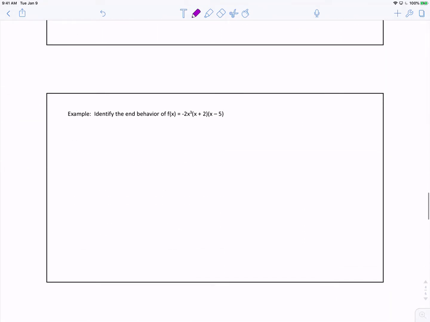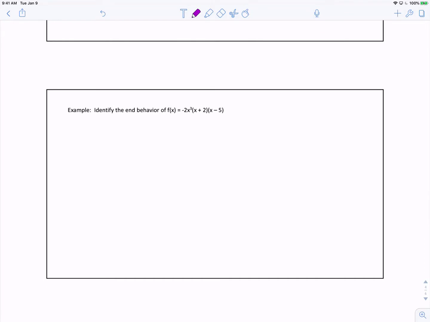Now, when you want to talk about the end behavior of a polynomial, you have to have it in standard form. In this next example, the polynomial comes to us in factored form, which is convenient for some things, but not for determining end behavior. So if we wanted to determine the end behavior of this polynomial, the first thing we would need to do is start multiplying it together.